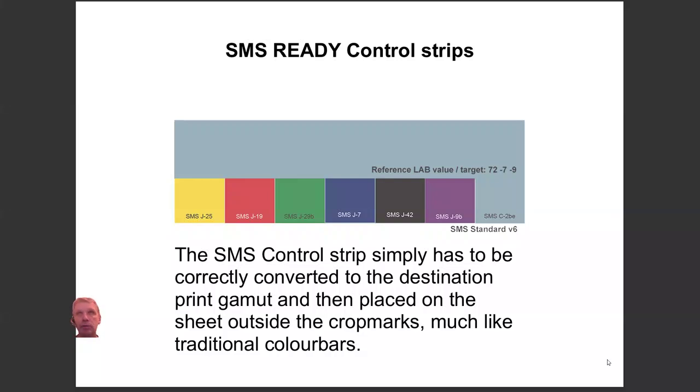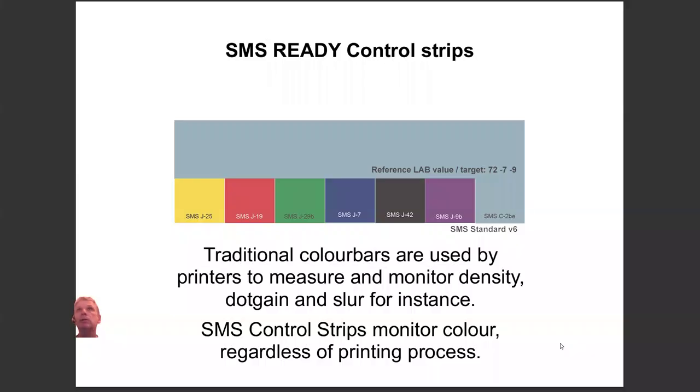The SMS control strip simply has to be correctly converted to the destination print gamut and then placed on the sheet outside the crop marks, much like traditional color bars. Traditional color bars are used by printers to measure and monitor density, dot gain, and slur, for instance.